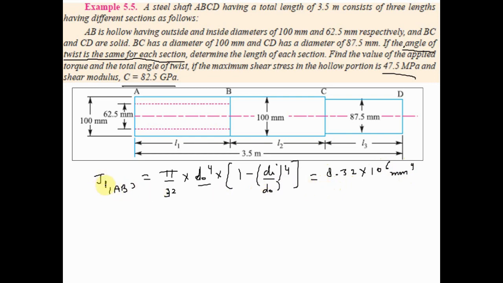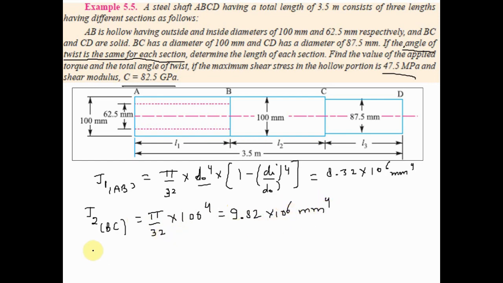Similarly, J2 is for section BC. Now this is solid, so we can directly write pi by 32 times d to the power 4, that is 100 to the power 4. Solve along with me, it is equal to 9.82 times 10 to the power 6 millimeter to the power 4.